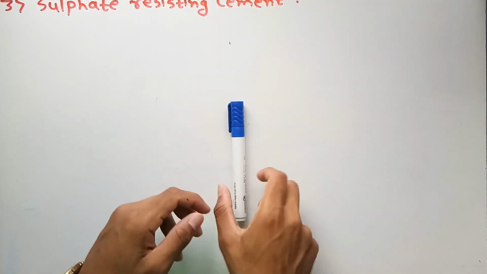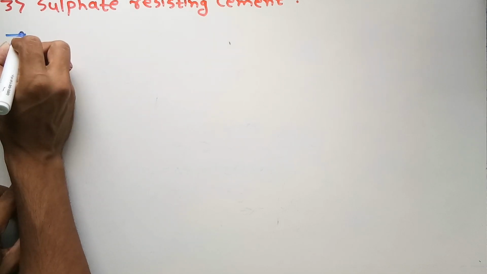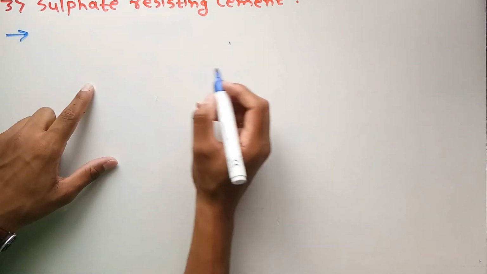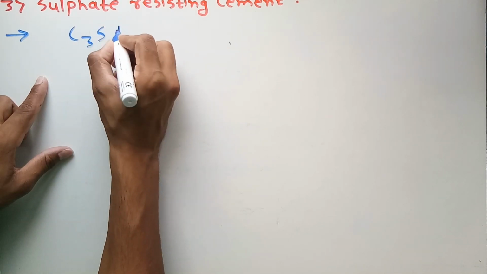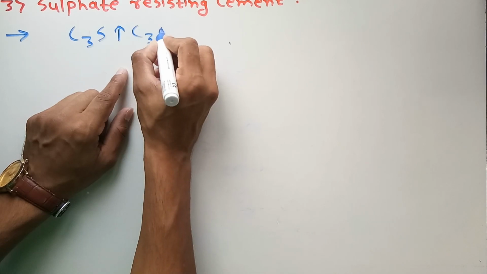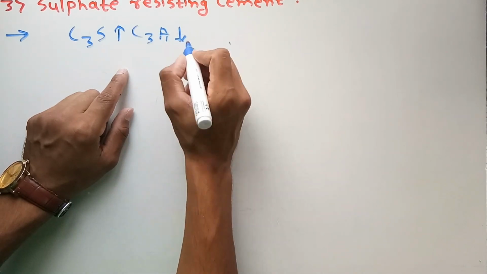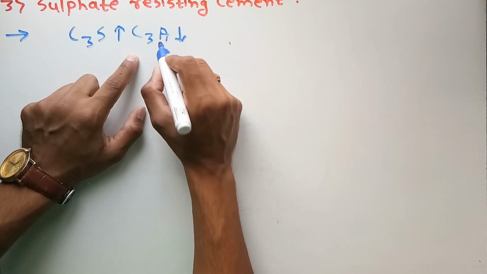Our third type is sulfate resisting cement. In the sulfate resisting cement, in the composition of the Bogue compound, tricalcium silicate comes in the higher proportion, and tricalcium aluminate is in the lesser proportion or lesser content. In case of sulfate resisting cement, we keep aluminates in the less quantity.